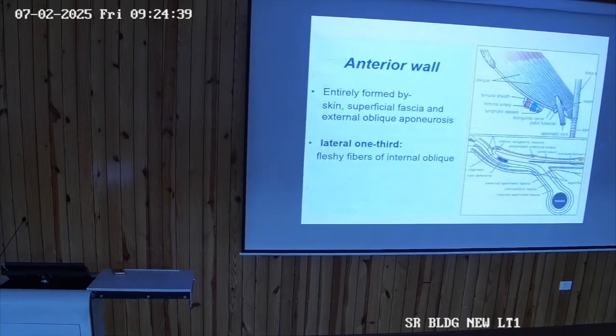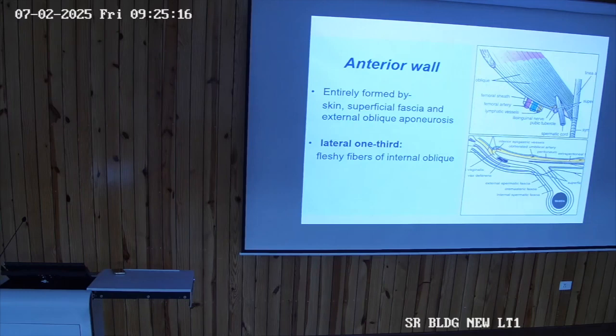Now coming to the anterior wall of the inguinal canal. The basic concept is that internal oblique is forming the anterior wall and the roof. There are certain arched fibers of the internal oblique which come in the anterior wall. They will be forming the roof of the canal, and some of the fibers will be going in the posterior wall also. So mainly the anterior wall is formed by the skin, superficial fascia and external oblique aponeurosis.